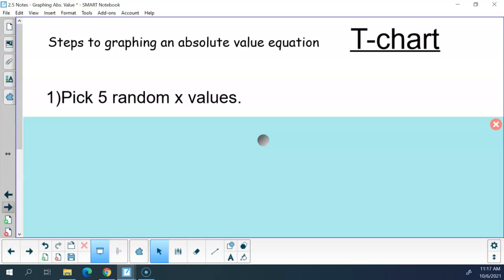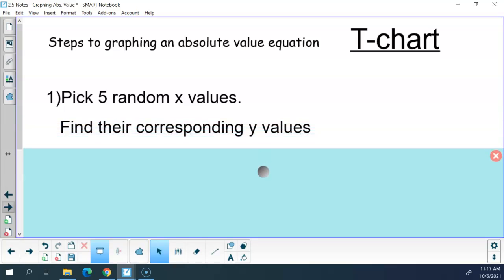Now, our graphs, and the graphs that you have on the pink paper here, those go from -10 to +10. Okay? And so we want to pick 5 different values in that -10 to +10 range. Okay? So we want to be all the way across our graph. What we're going to do with those 5 values is we're going to find their corresponding y values by plugging them in to the equation.